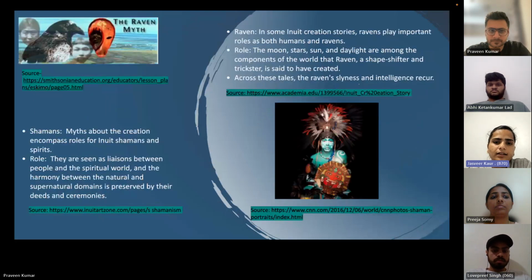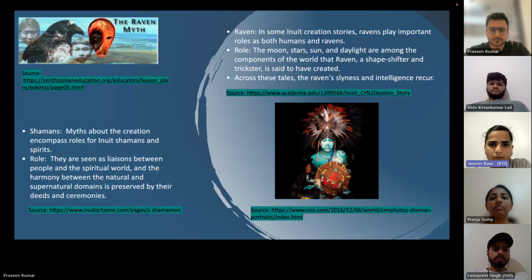Raven, similar to Sedna, plays the role of both human and animal. It is said that the moon, stars, and sun are creations of ravens, and they also represent intelligence. Then there are shamans, who help in connecting humans and the spiritual world.